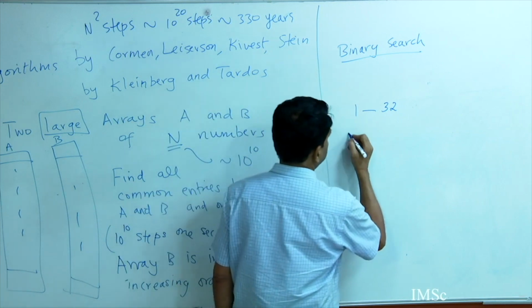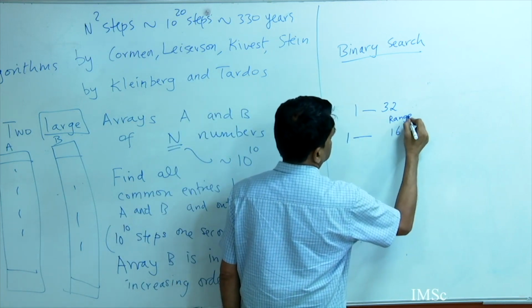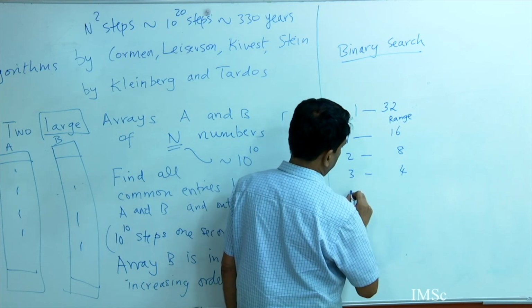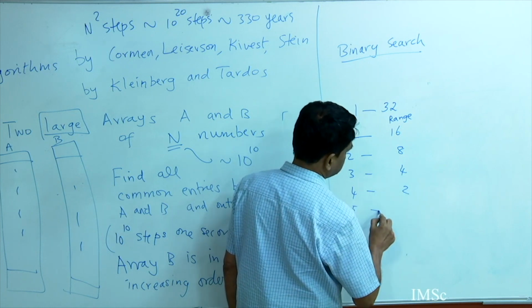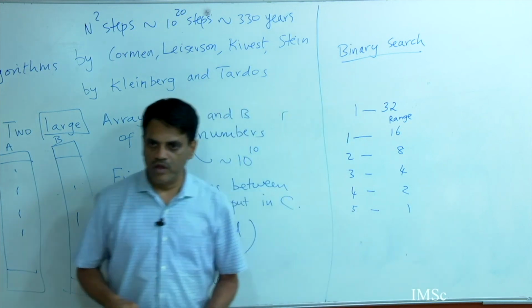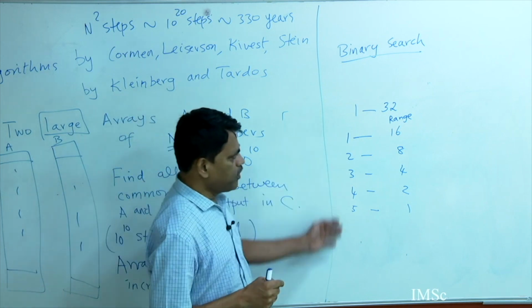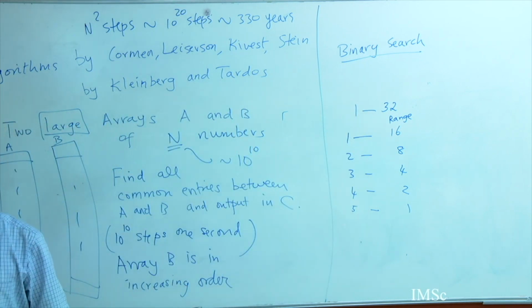So in one question, the range becomes 16. One more question, range becomes 8, 4, 2, and then you ask one more question. You know exactly what number I'm thinking of, right? So in 5 questions you can find this number between 1 and 32.